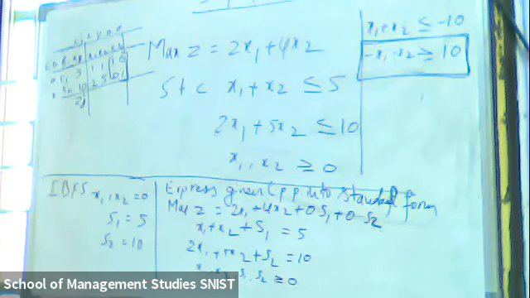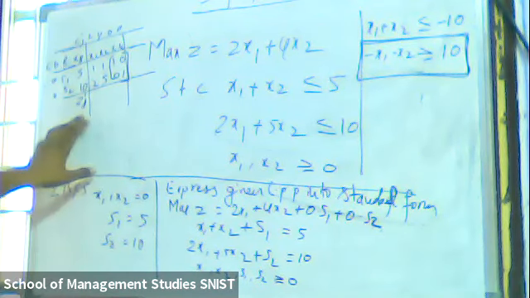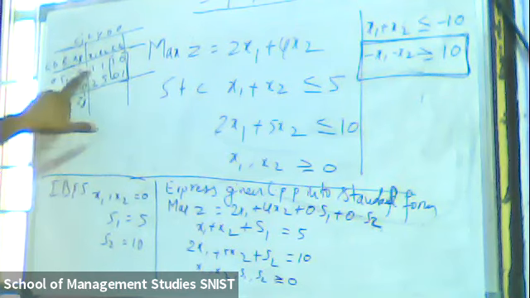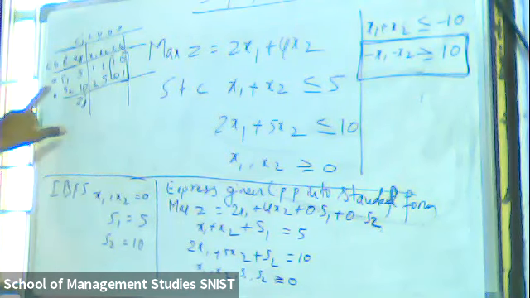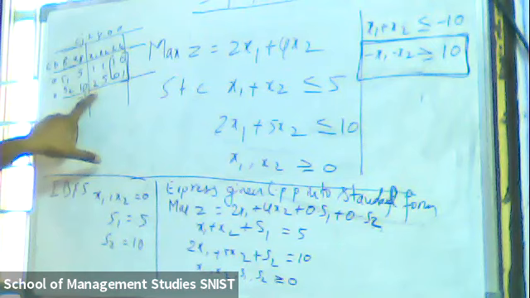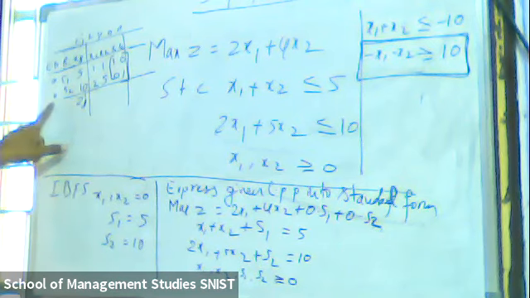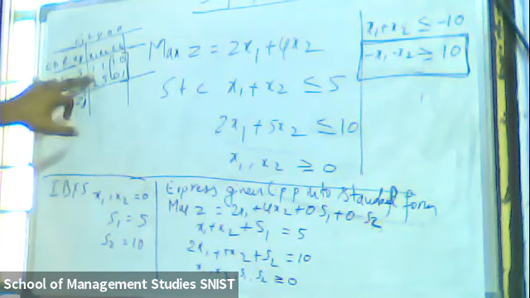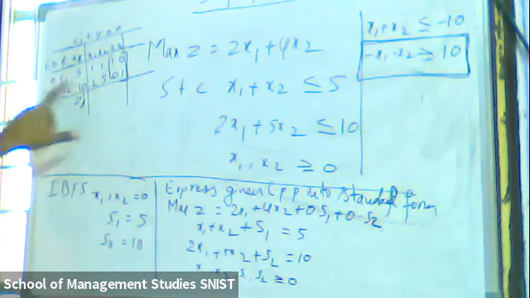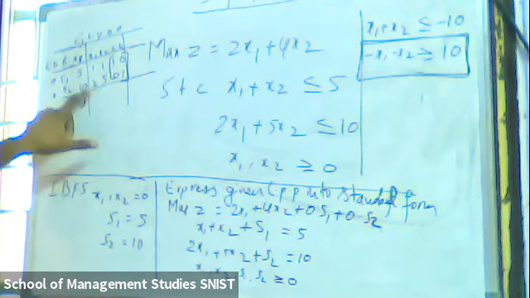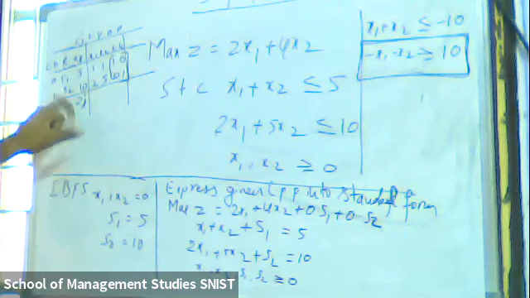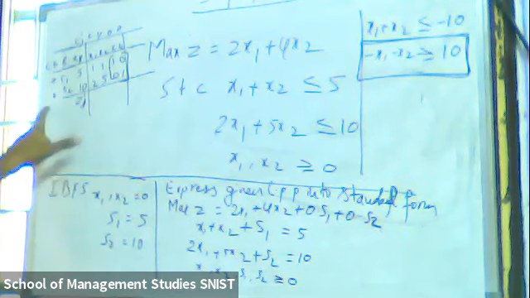Right. Now we need to calculate the Zj values. How to calculate the Zj value? Listen, the first constraint x1 value into CB plus the second constraint x1 value into CB. So 1 into 0 plus 2 into 0.